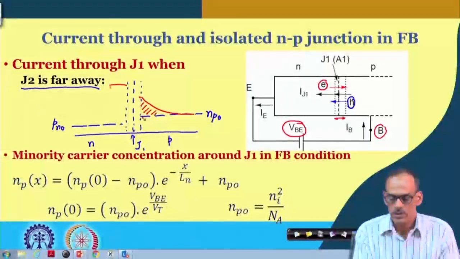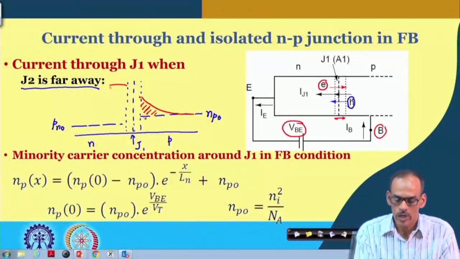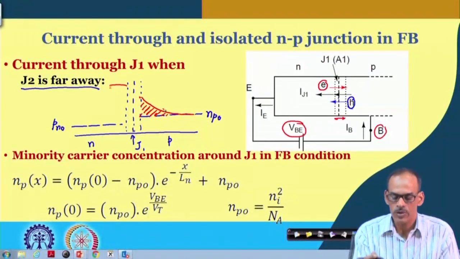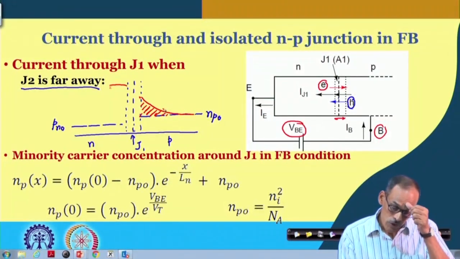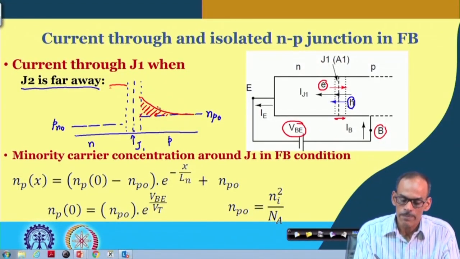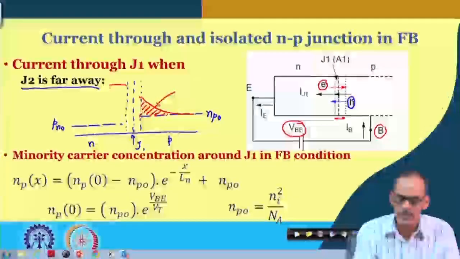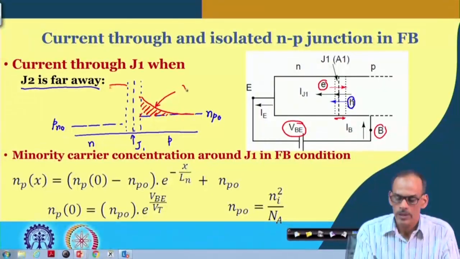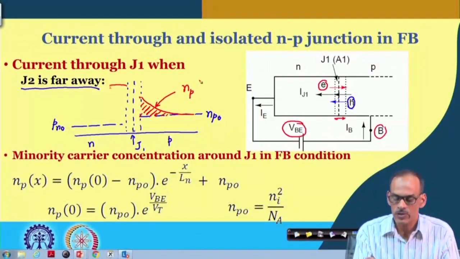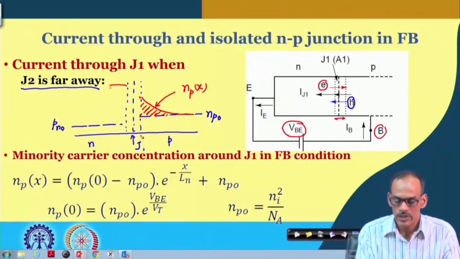So, compared to its NP0 in the neutral region, whatever the minority carrier concentration we do have, near the junction we do have this excess amount of carrier. So, if I denote this minority carrier concentration, say n in the p region, as a function of distance x, and let us say that x starts from here and goes in this direction.